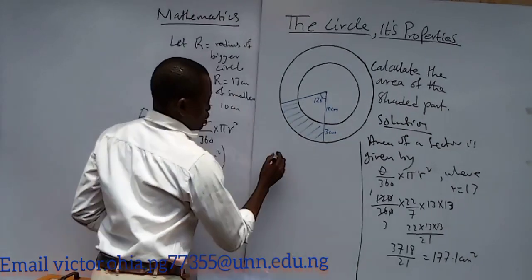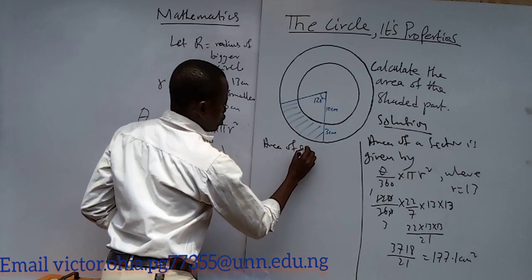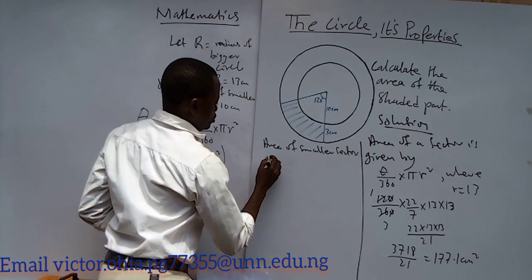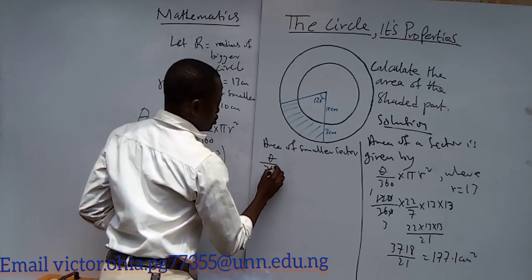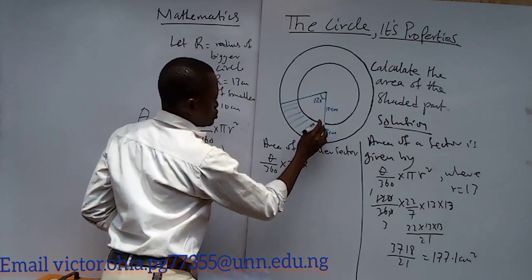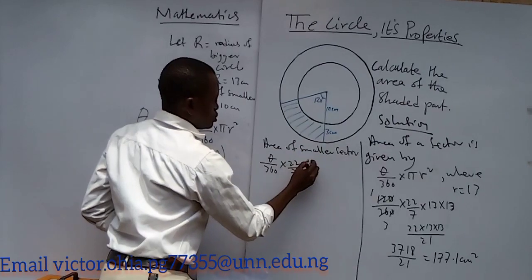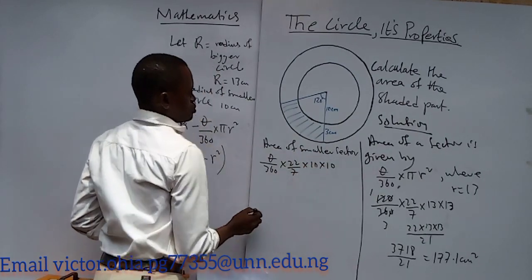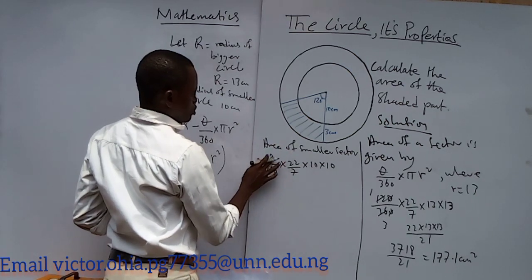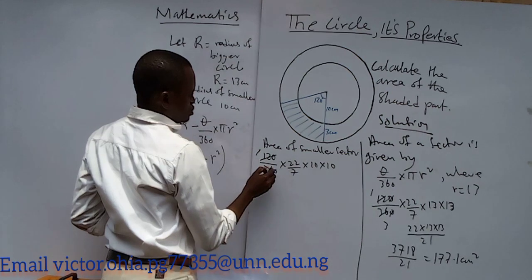Then you can come back and say area of the smaller sector, which will now be theta over 360 times 22 over 7 times 10, the small radius there, times 10. I'm sure that explanation is okay. Theta here is 120 degrees. So this will cancel itself, 1; cancel here, 3.